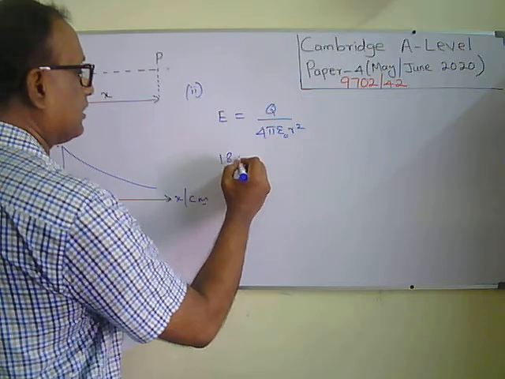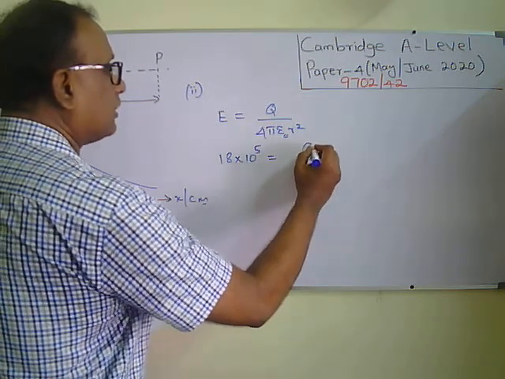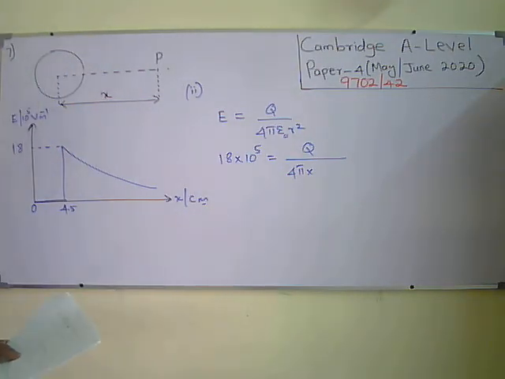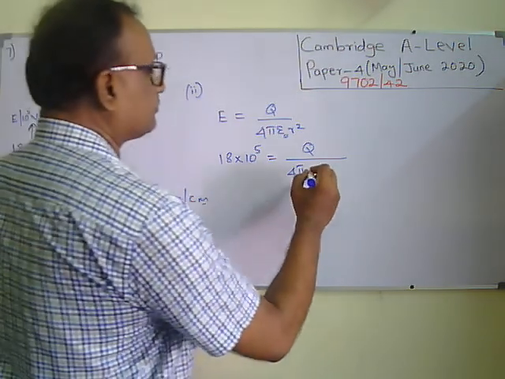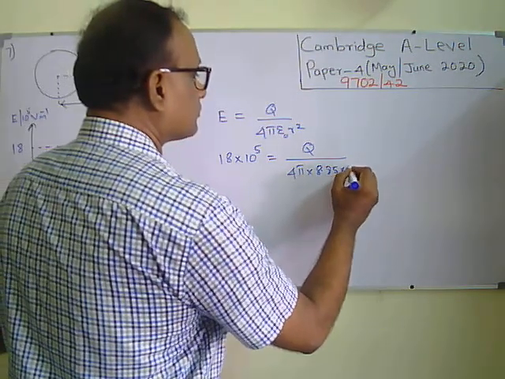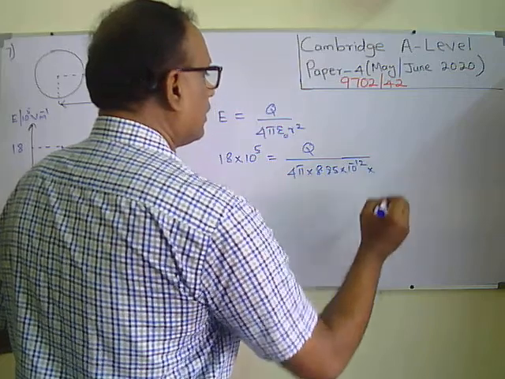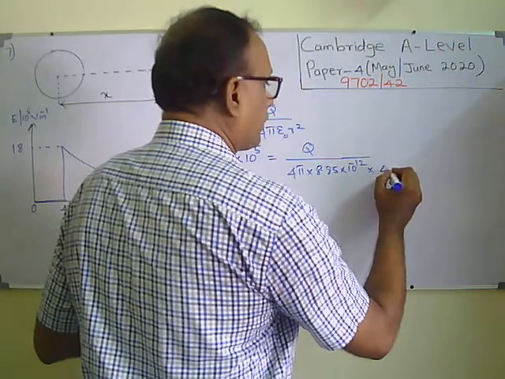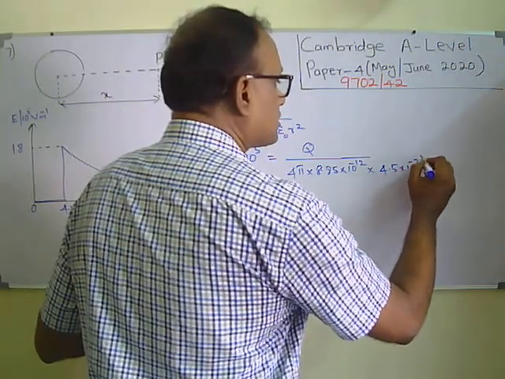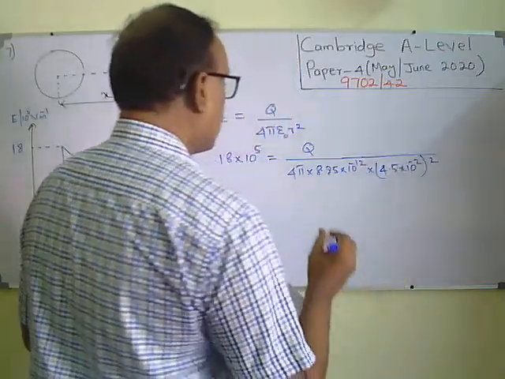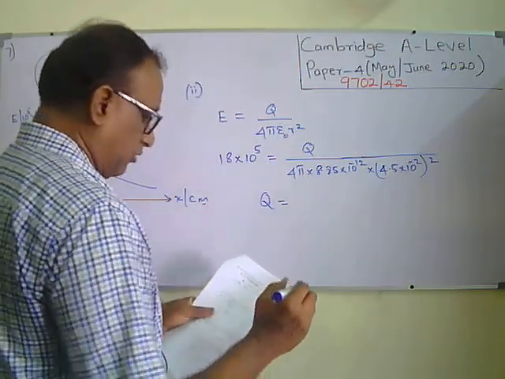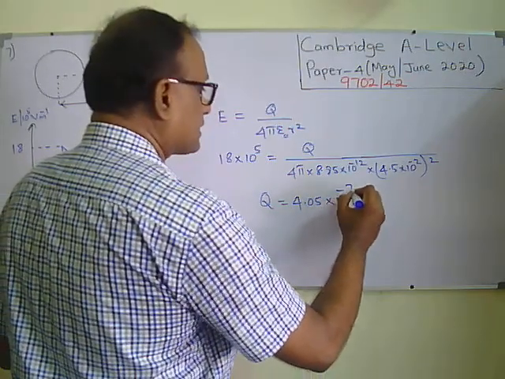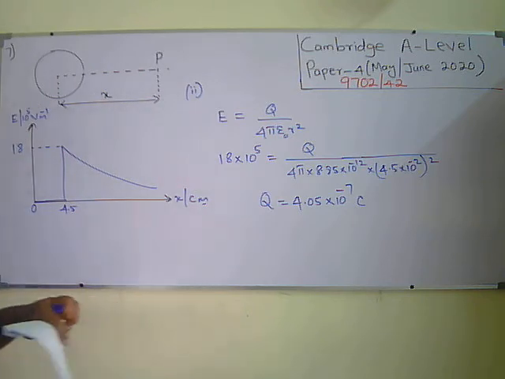That is 18 times 10 to the power 5 equal Q over 4 pi epsilon naught, you know the value, 8.85 times 10 to the power minus 12, into the distance from the center, that is 4.5 centimeters. So 4.5 times 10 to the power minus 2, all things squared. Solve it and find the Q. That will be 4.05 times 10 to the power minus 7 coulomb. That's the charge of the sphere.